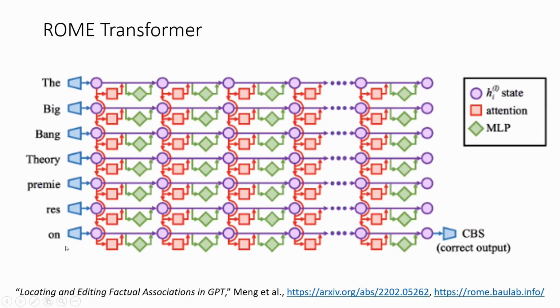And what they found was that it had like 99.9% sensitivity, in that all of the different variations of the sentence would correctly change from CBS to HBO. It wasn't only if you worded it exactly the same way as the first sentence. So that's a good sensitivity. That shows that it really is associated with Big Bang Theory, because I can change the sentence around and it'll do it.